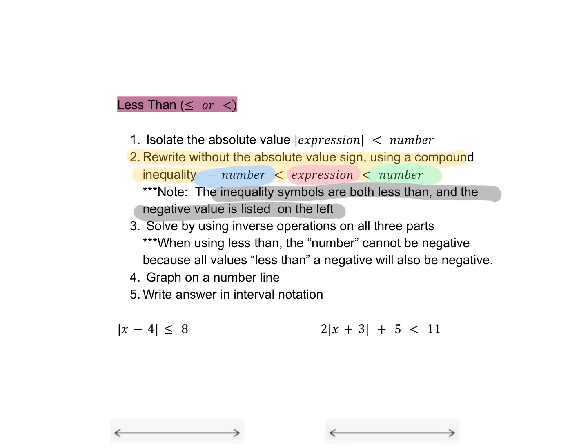And just like when we talked about weird situations, when using less than, the number that you're taking with the absolute value cannot be negative, because all values that are less than a negative are also negative. When it was greater than, there were numbers that were greater than that value. Anything less than a negative is also a negative, so you cannot actually have less than a negative number.